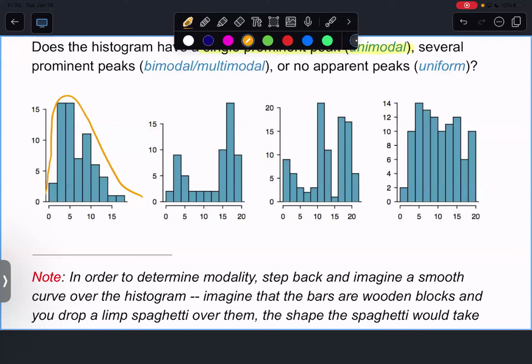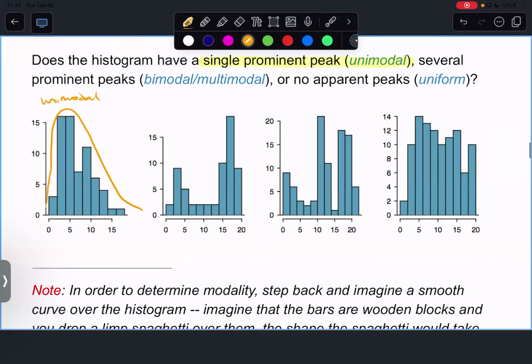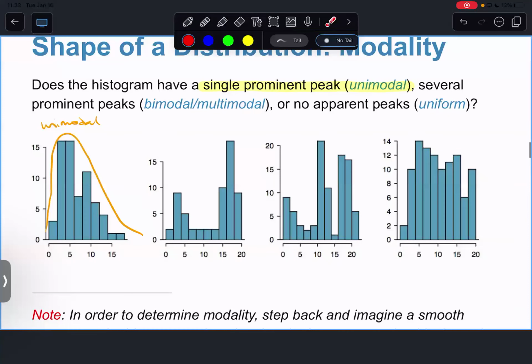That looks unimodal to me, just one distinct peak. It's only when we have something like this, where I drop a limp spaghetti on here, it might look something like that. It has to be pretty cooked. And so here, this would be bimodal, I've got two distinct peaks.